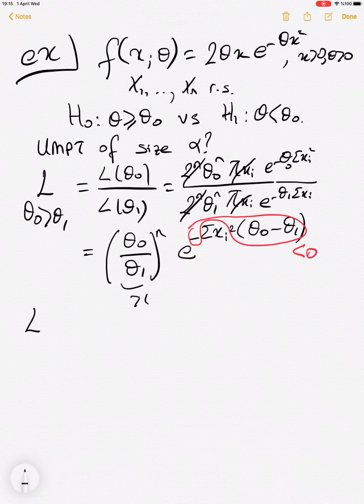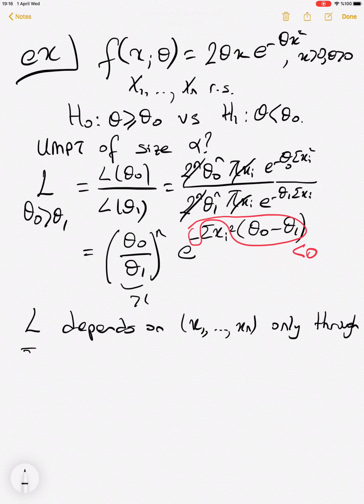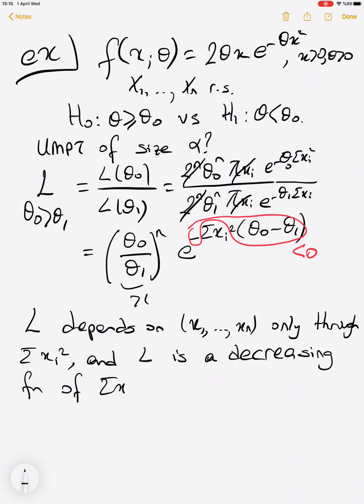Sorry, so L depends on sample random variables x1 to xn only through, that part is the same, summation xi square, and L is we can say decreasing function or non-increasing function of summation xi square. So this means that our monotone likelihood ratio statistic is minus summation xi square.